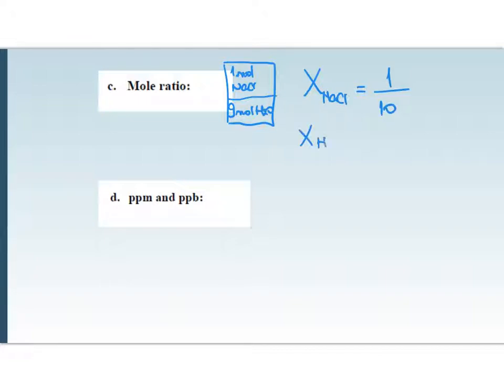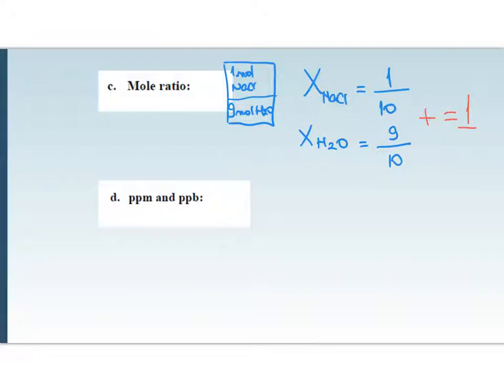And the mole ratio of water is equal to 9 over 10, mole number of water over total mole number. And when you sum them up, you're going to see that this is always equal to 1. So the mole ratios of the components of a solution should always add up to 1.